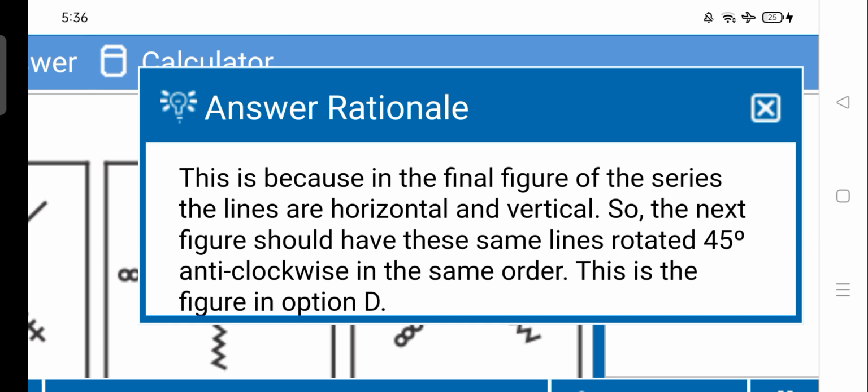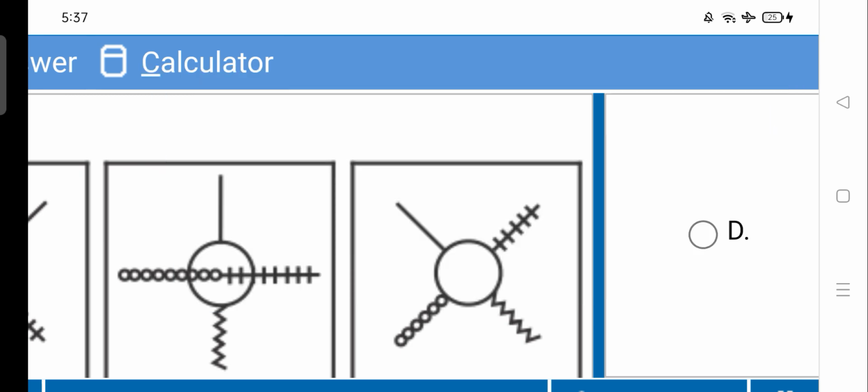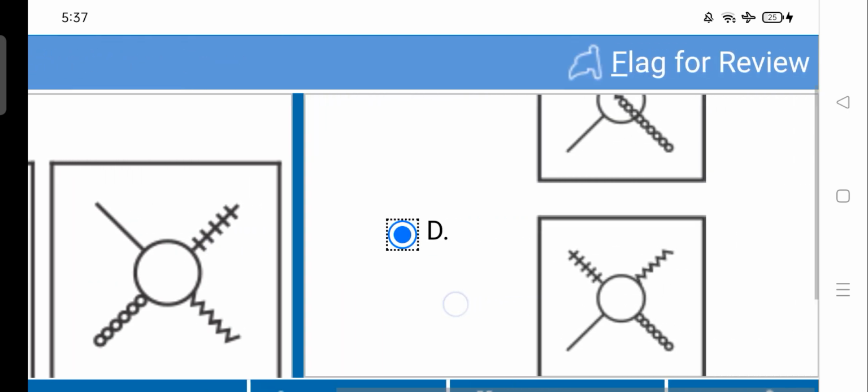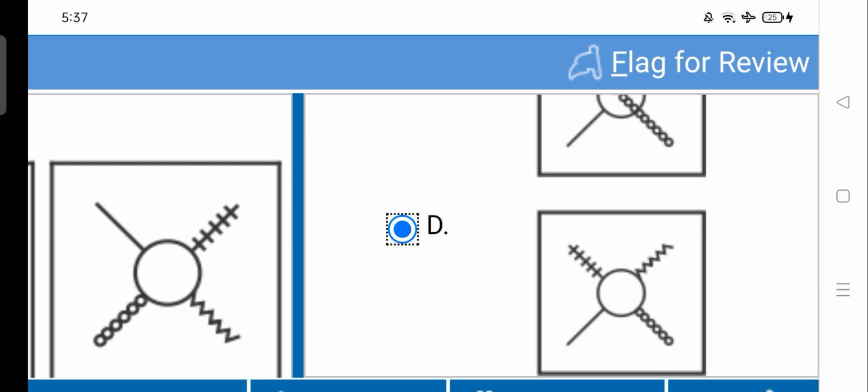This is the figure in option D. So the correct option we have is option D. So this is the set of shapes which belongs to this series, and it comes next.